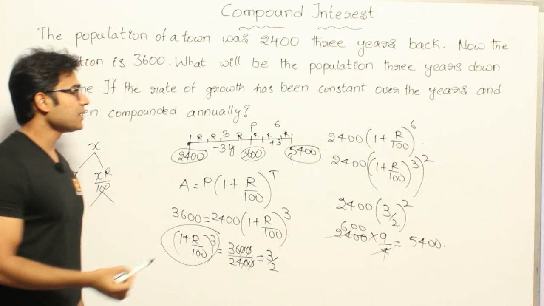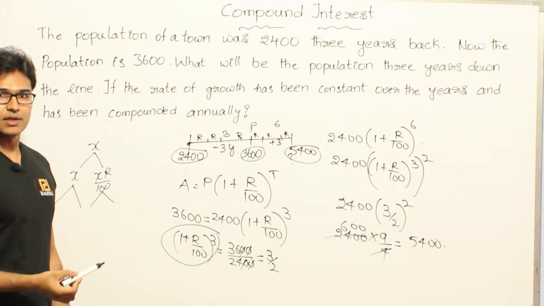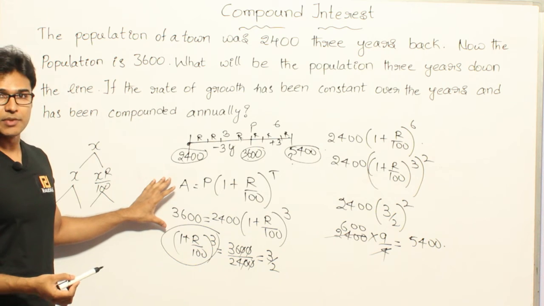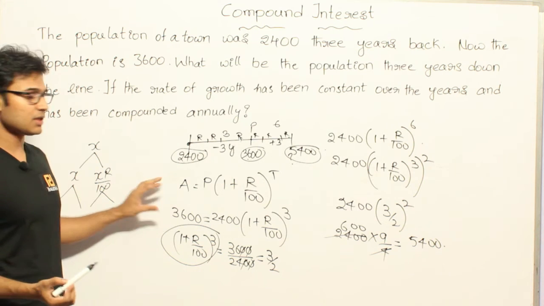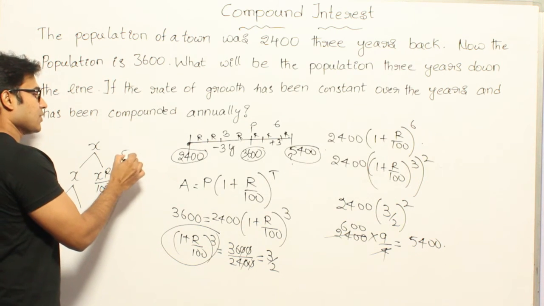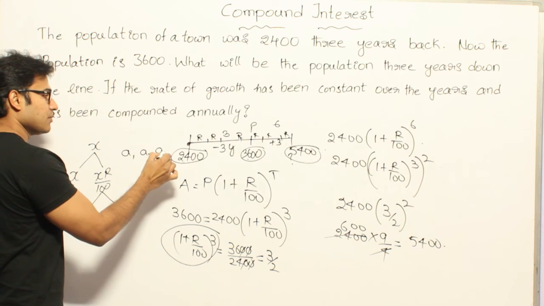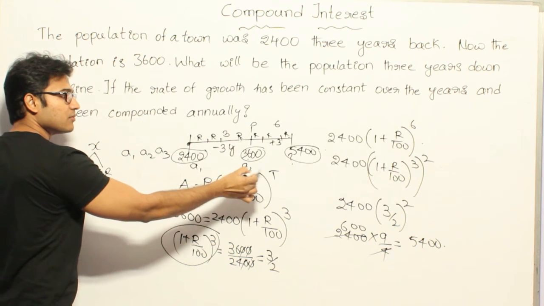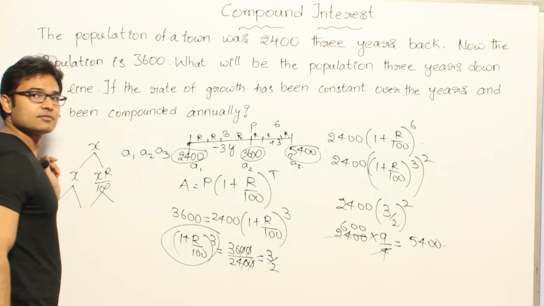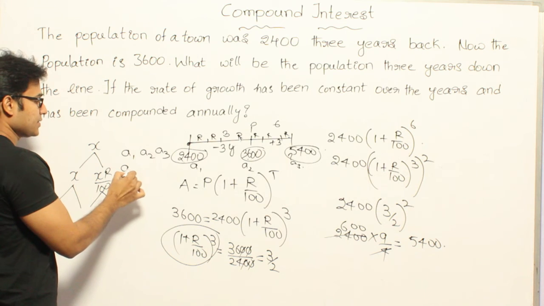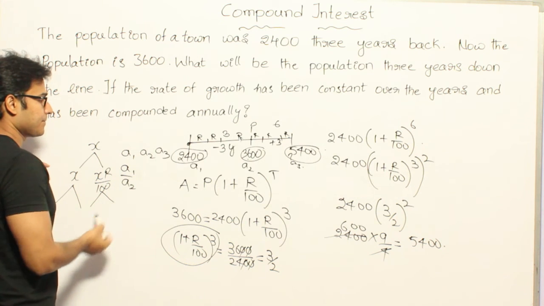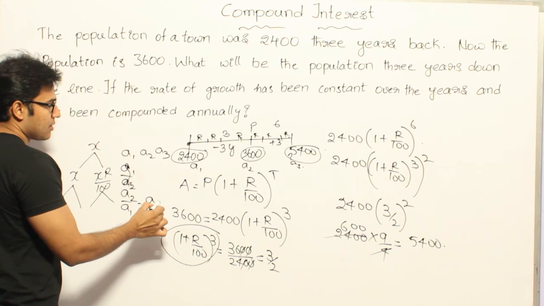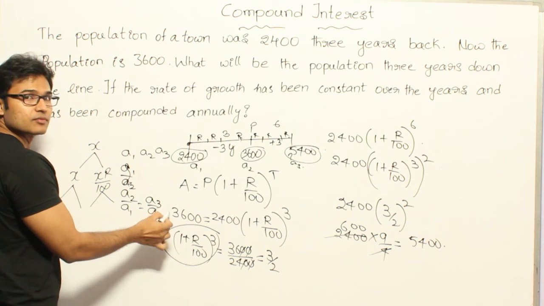And also, one more way of solving it is, you can see that the amount grows in GP. GP means geometric progression. Let us say the first term is A1, the second term is A2, the third term is A3. Here you can assume that this is A1, this is A2, this is A3. Then you can write A2 by A1 is equal to A3 by A2. Why?